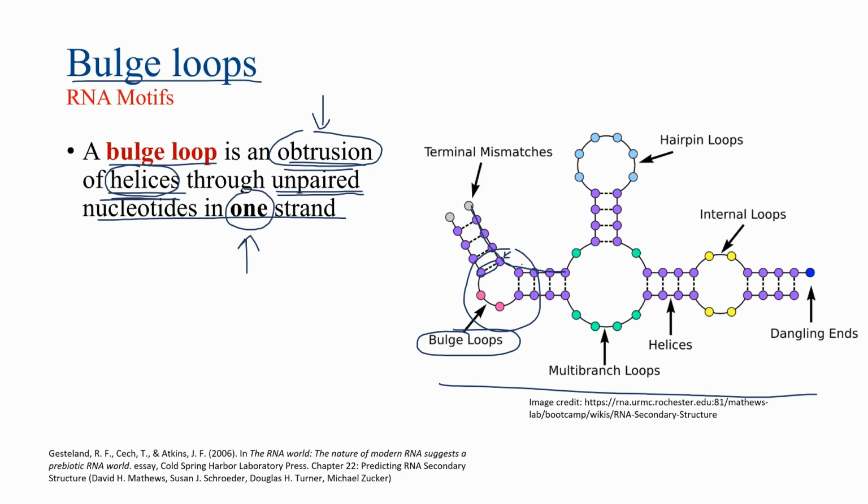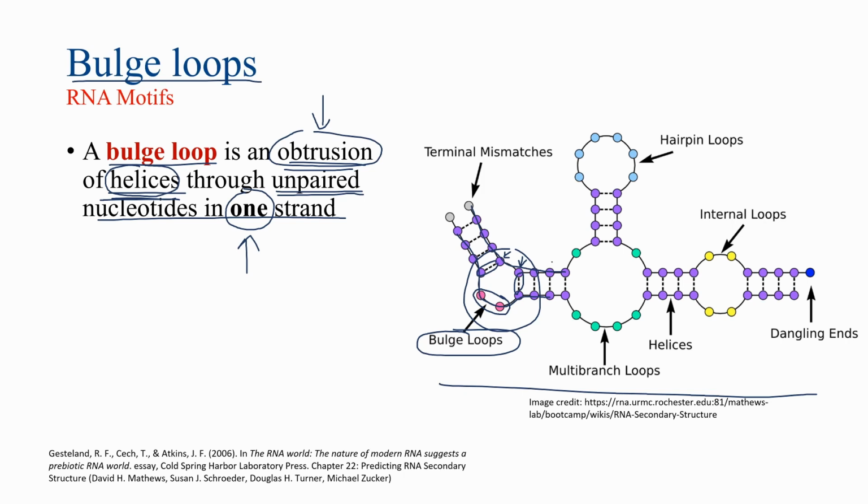In addition, if you look at this nucleotide, it also engages in base pairing and it is part of the bulge loop. However, you have those two nucleotides which have nitrogenous bases that are unpaired. And these unpaired nitrogenous bases are only found in one strand. They are found in this strand of the loop.